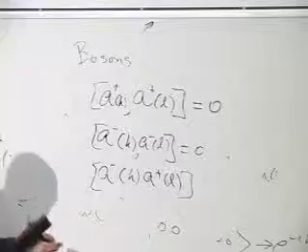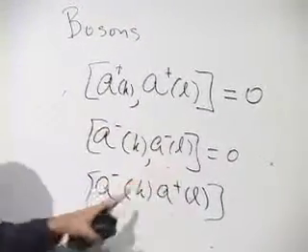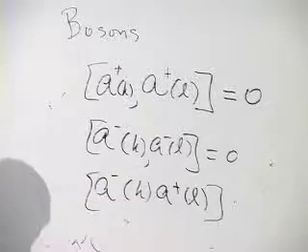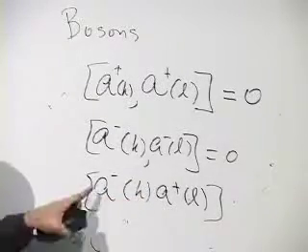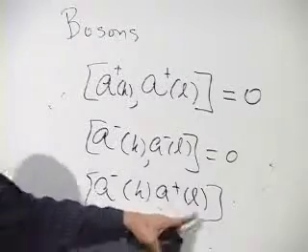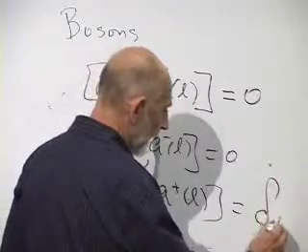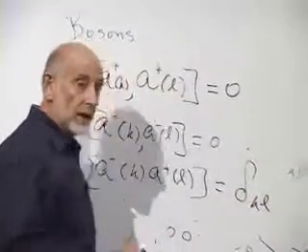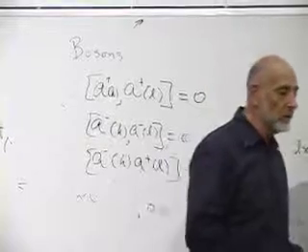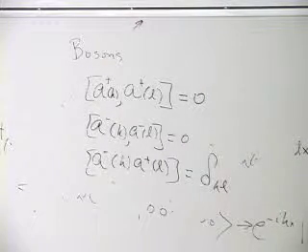So the rule is they always commute if we're talking about different momenta. If we're talking about the same momenta, then an annihilation operator and a creation operator do not commute, but have a 1 on the right-hand side. We can write that in the form delta KL, where delta KL is the Kronecker delta, the symbol which is 1 if k equals L and 0 otherwise.